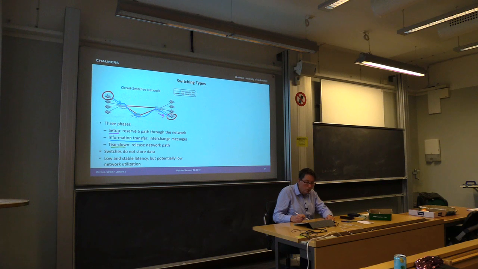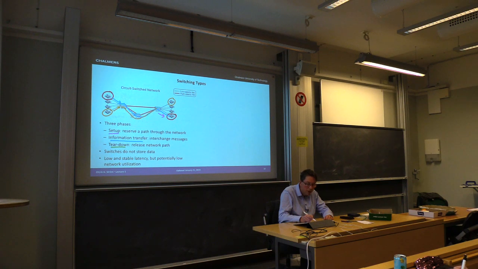Okay? So simultaneously as this, these 2 phones, this one and this one, are talking, maybe this phone would like to talk to this phone, and then the same procedure happens. It goes to the switch and gets a dial tone, and then presents the telephone number that it would like to be connected to, and then a path through the network is connected.